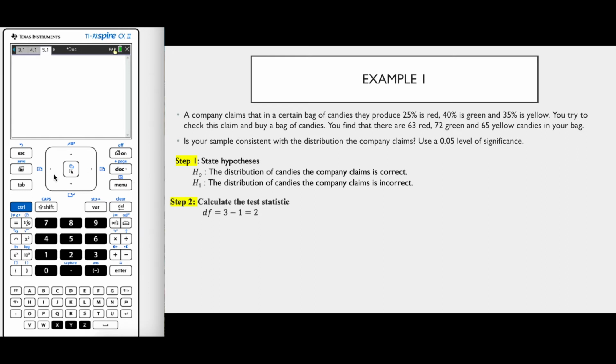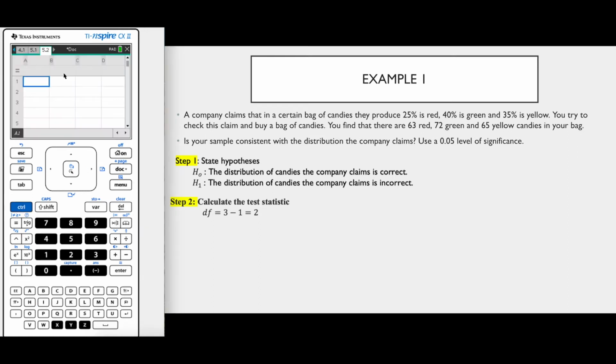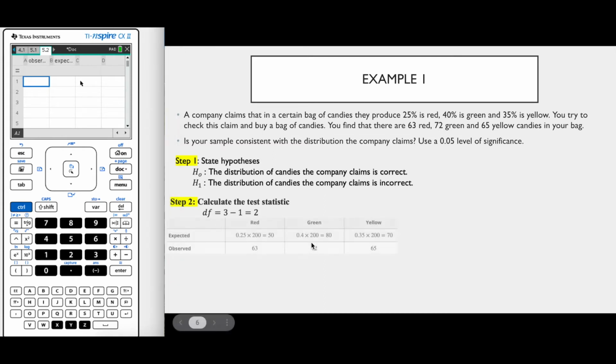Okay, let's go and talk about how to calculate all of this. In your calculator, you are going to insert a spreadsheet when we are dealing with goodness of fit. In the spreadsheet, the first column is going to be the observed data, and the second column is going to be the expected data. Now, how do we calculate this? Well, we have to think about what is given to us.